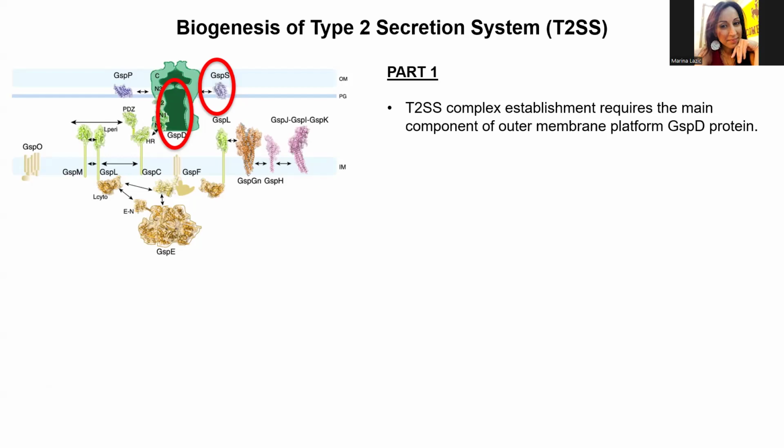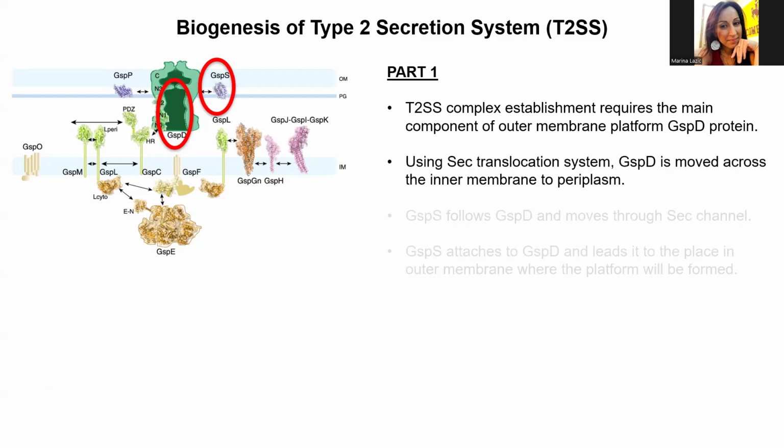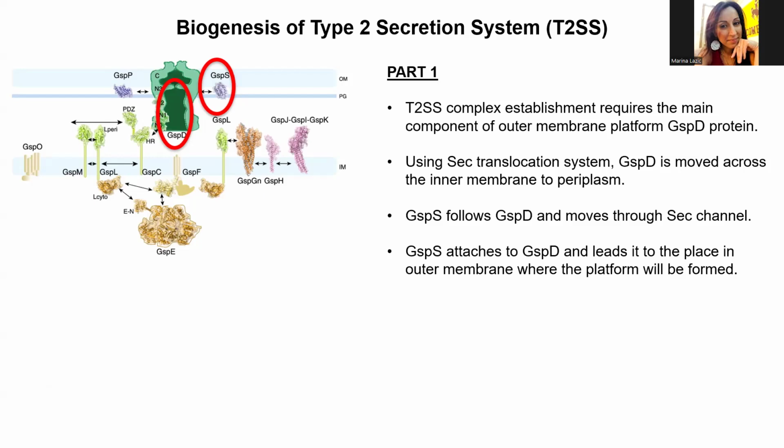GspD is going to be exported first to the periplasm and then the outer membrane through the SEC translocation system. So it needs to go from the cytoplasm through the inner membrane and then through the periplasm to be embedded in the outer membrane. The next one that will also be exported through the SEC channel will be another outer membrane component, which is GspS.